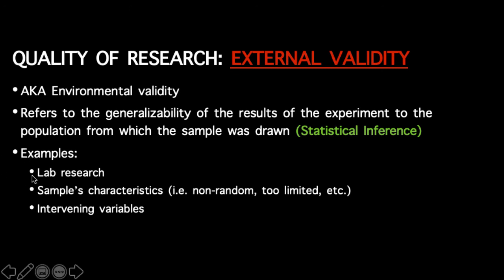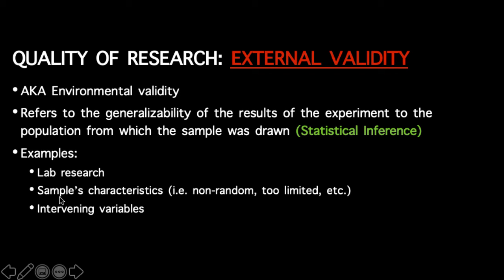Some other examples of things that could hurt external validity is when we do lab research. You think lab research is a controlled environment, so it's great for maximizing internal validity, but it's not always great for maximizing external validity. We can also think about sample characteristics.